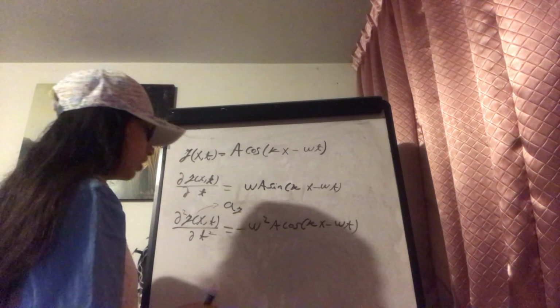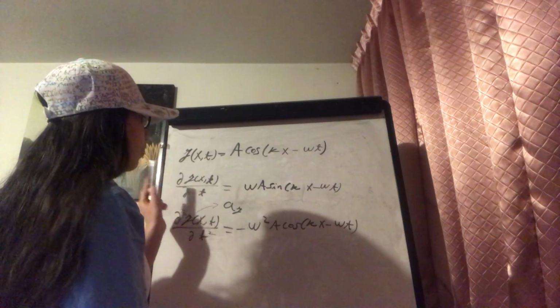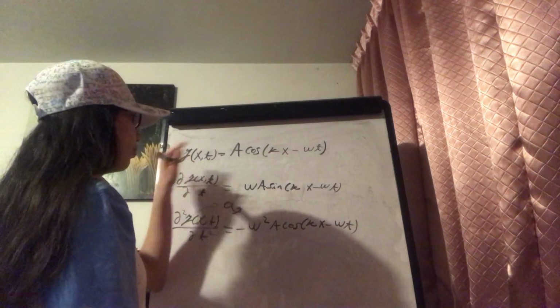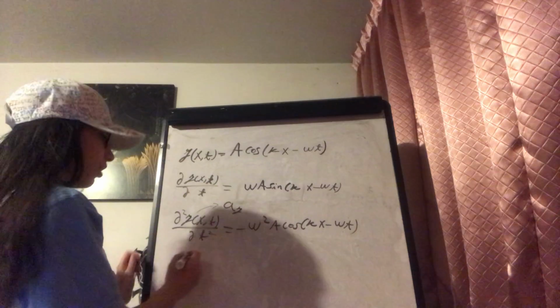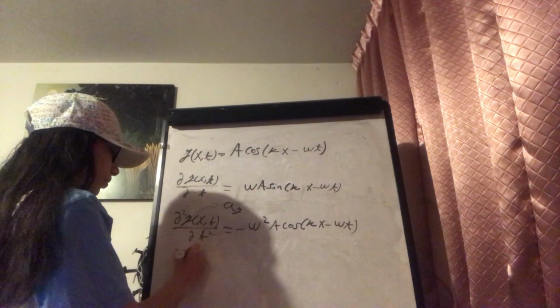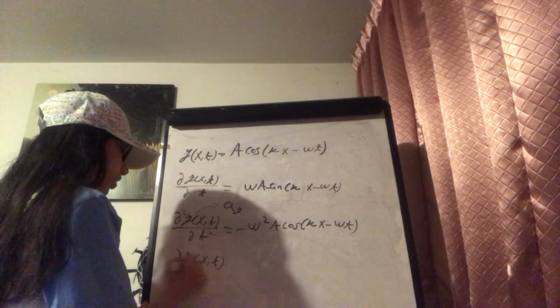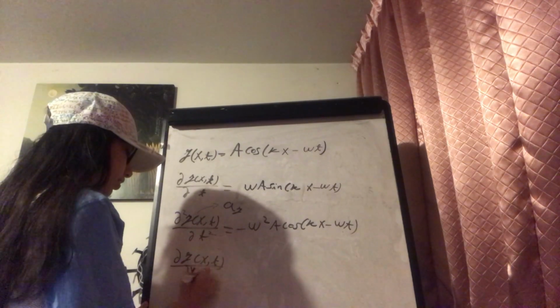Now let's take the partial derivatives of y with respect to x. So now we have the partial derivative of y of x,t with respect to x.